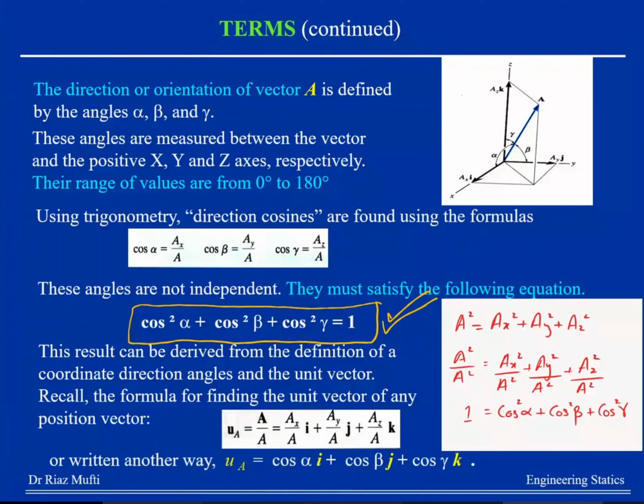This result can be derived from the definition of the coordinate direction angles and the unit vector. I've done all the maths for you here, so you can have a look later. Remember the magnitude thing? A unit vector is basically like I did this. I wrote a vector is equal to a and the unit vector of a.